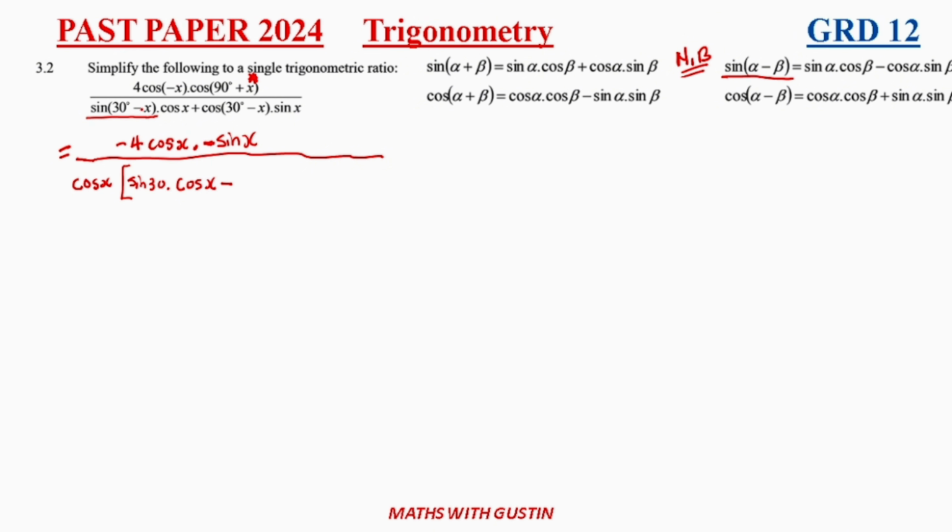So it's a negative here in between, so definitely here is going to be a negative, but this time it's going to be cos 30 times sine x. Okay, so we are done with that part.